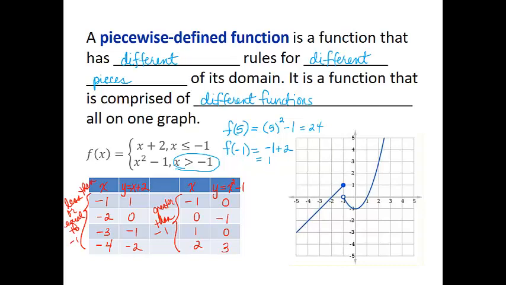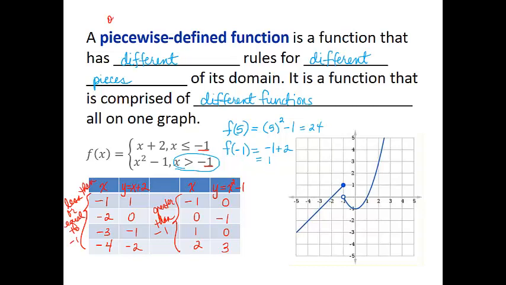So on the endpoints, I have to make a determination. And when I say endpoints, I'm meaning at this value of x where the domain is separated, that is where a different rule takes over. I have to determine will I have an open circle or a closed circle.